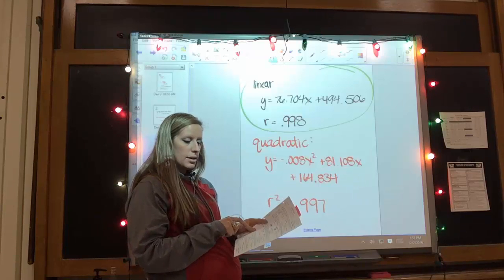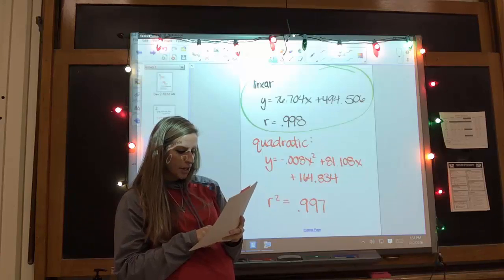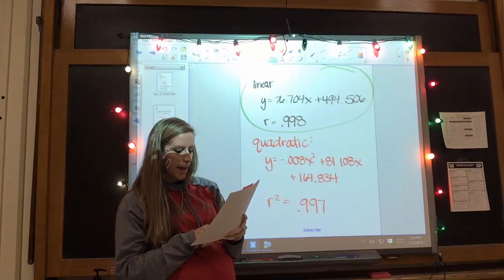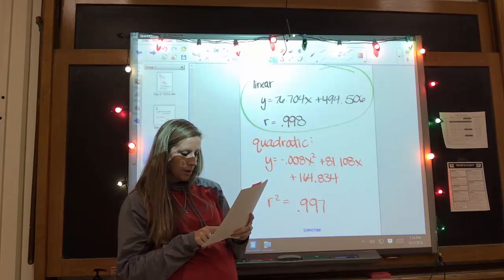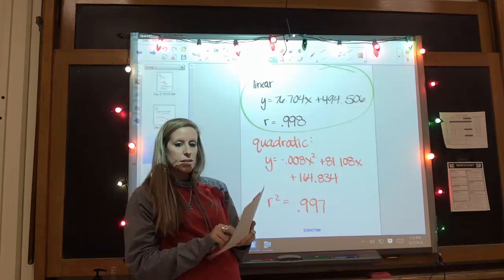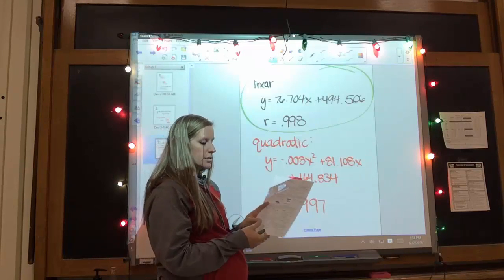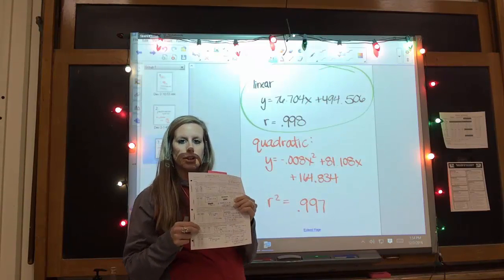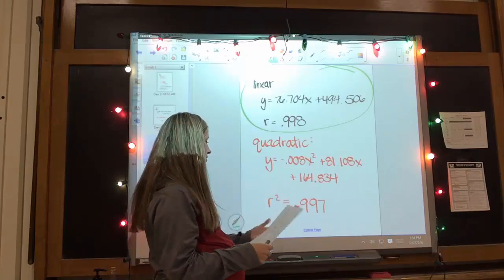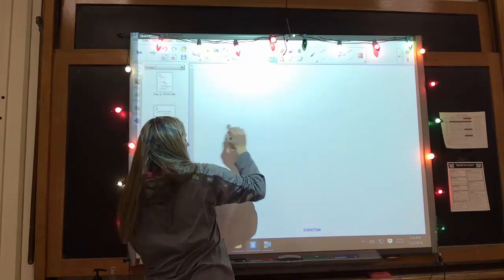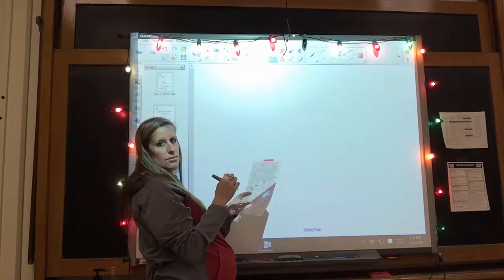Okay. And now look back at your problem. At the bottom of that paragraph, it says determine the velocity of Hydra, a galaxy located 776 megaparsecs from Earth. So it gives us the distance. We need to find the velocity. Okay, so look back at the table on your graph. It says distance is your x. So we're gonna plug in that 776 for the x.